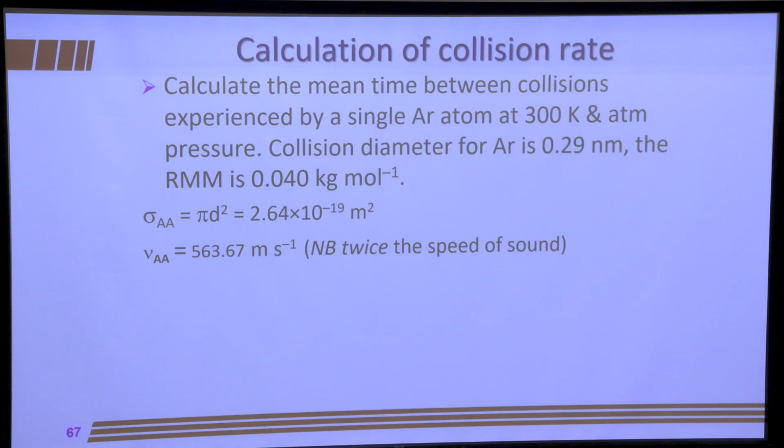The collision cross-section is pi (rA + rB) squared, but it's argon colliding with itself, so it's the diameter of argon. So this is pi times 0.29 nanometers squared, and that's 2.64 times 10 to the minus 19 meters squared.